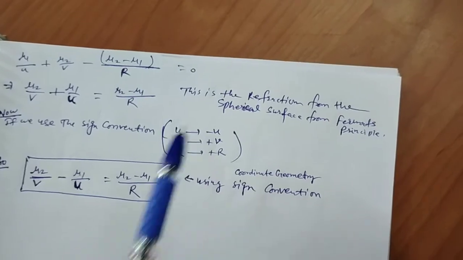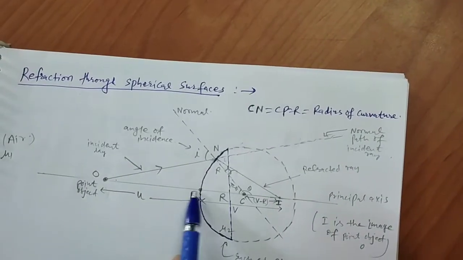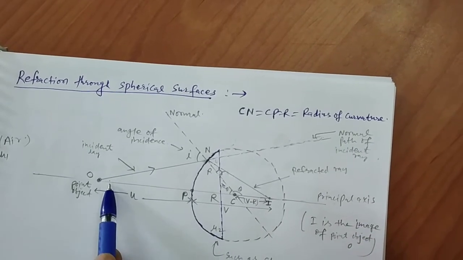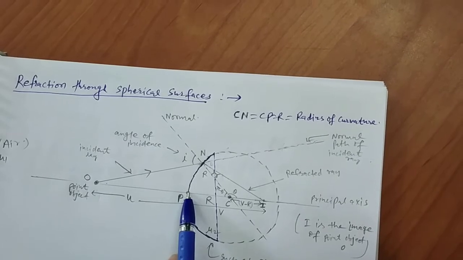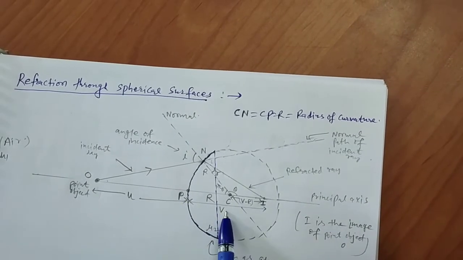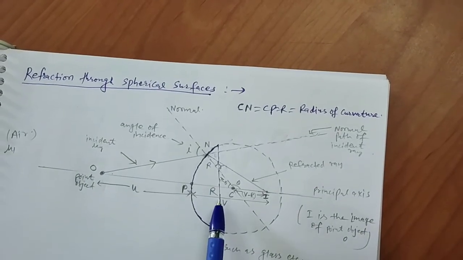Means u is to the left of the pole point as in the equation, so this can be written as minus u, and v is to the right of this point pole, so this can be taken as plus v. Similarly, R can be taken as positive.